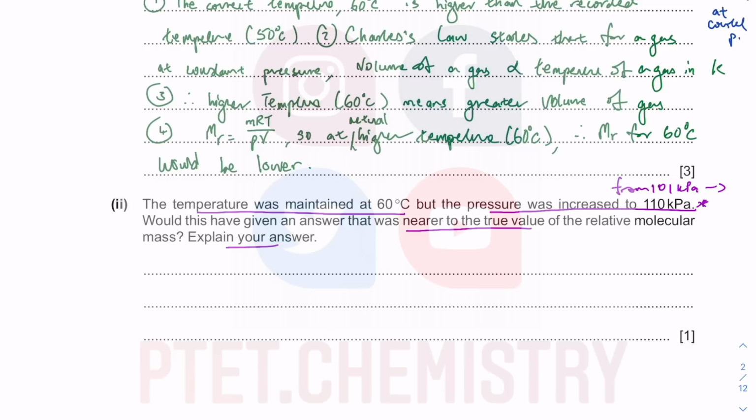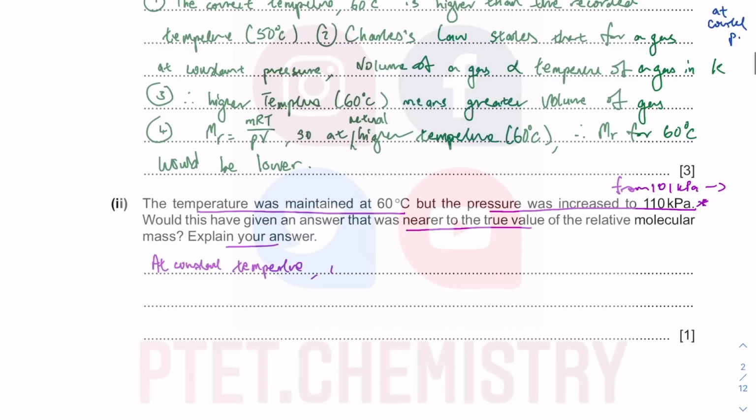All right. So at constant temperature, when pressure increases, the volume of gas decreases. This is actually Boyle's law.